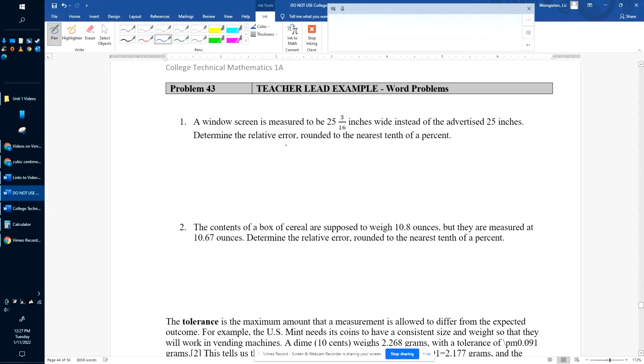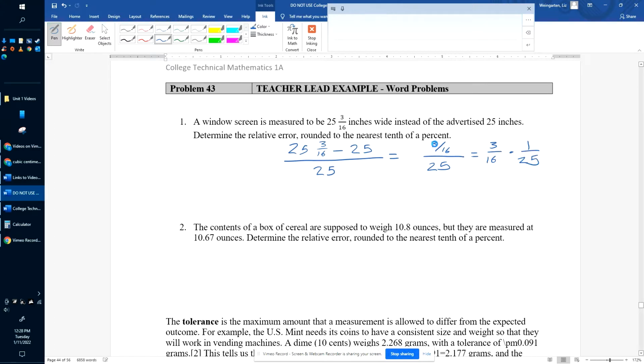We'll take our new, or our actual, subtract what it should have been, divide it by what it should have been, and that'll give us our percent. So that'll give us 3/16 over 25, which is the same thing as 3 over 16 times 1 over 25.